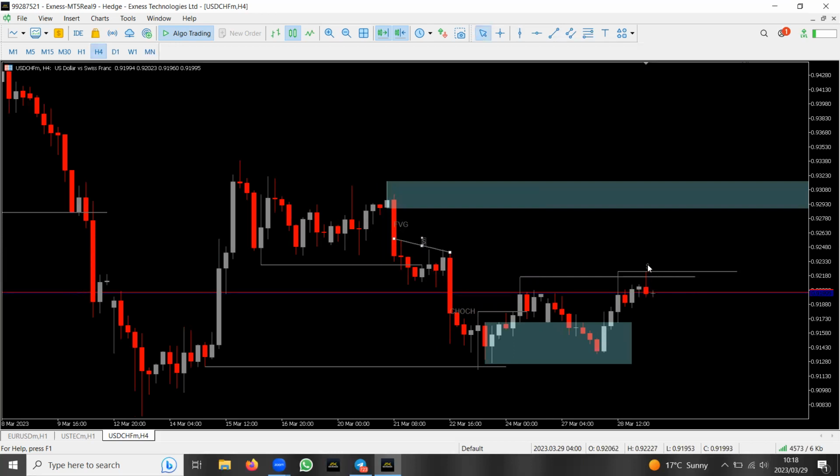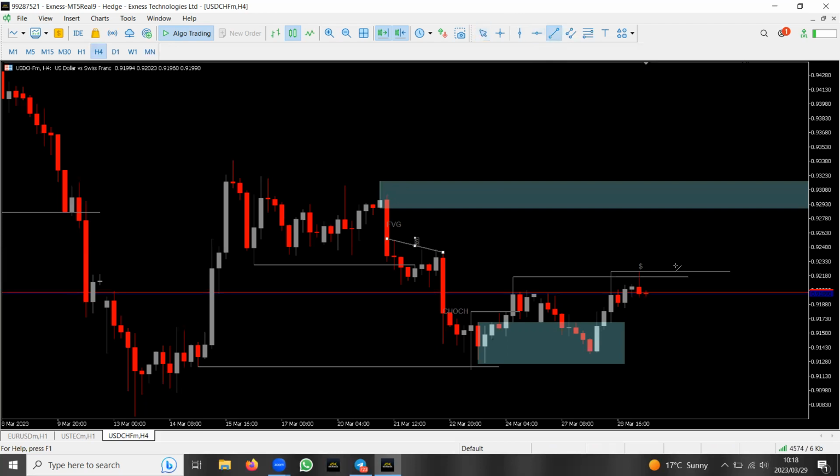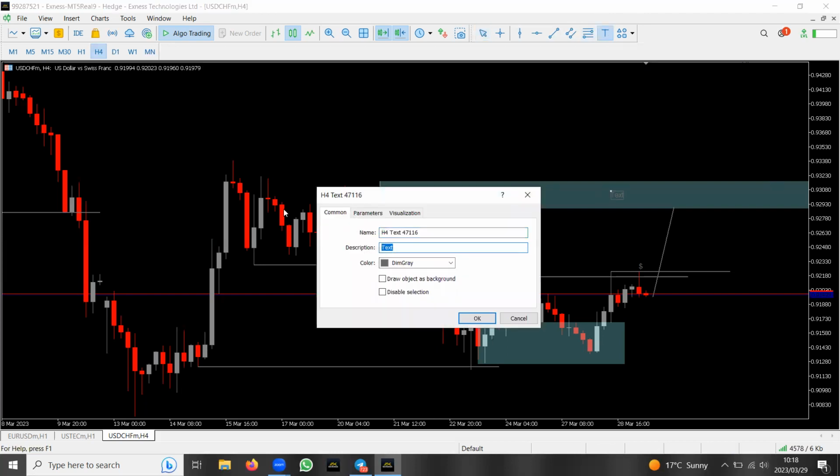And we hope that price continues to buy towards our POI. So this is our supply area.